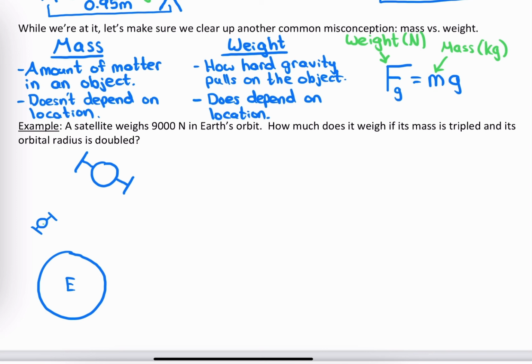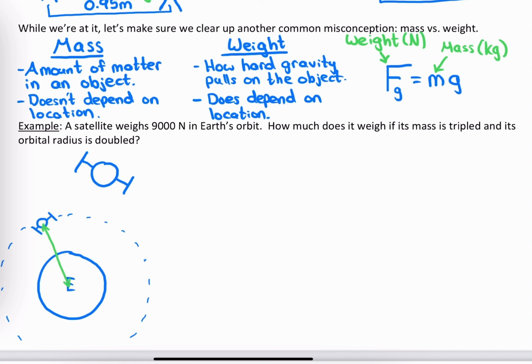Okay, let's label some stuff here. This term, orbital radius, is the radius of the orbit. When we're talking about a satellite, the orbit is this circular path that it follows around the Earth. So that blue dotted line is the orbit, and the orbital radius is the radius of that orbit. You can see it's going to be this green arrow here that goes from the satellite to the center of that dotted circle.